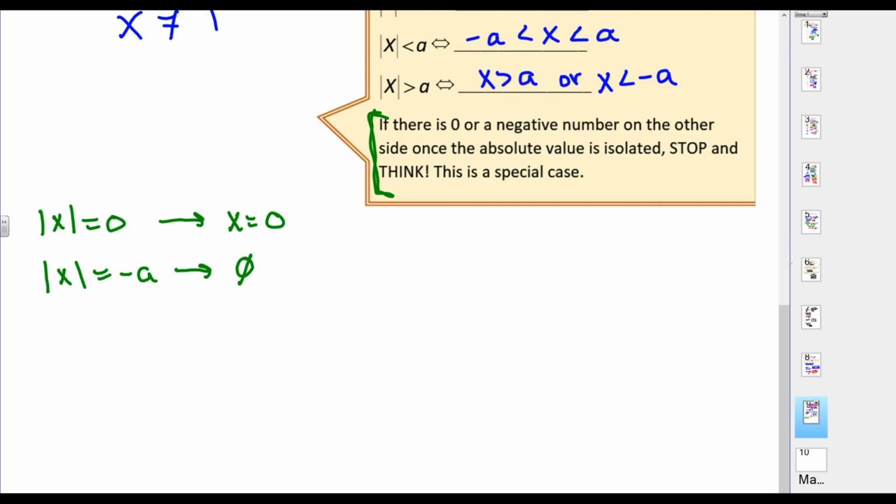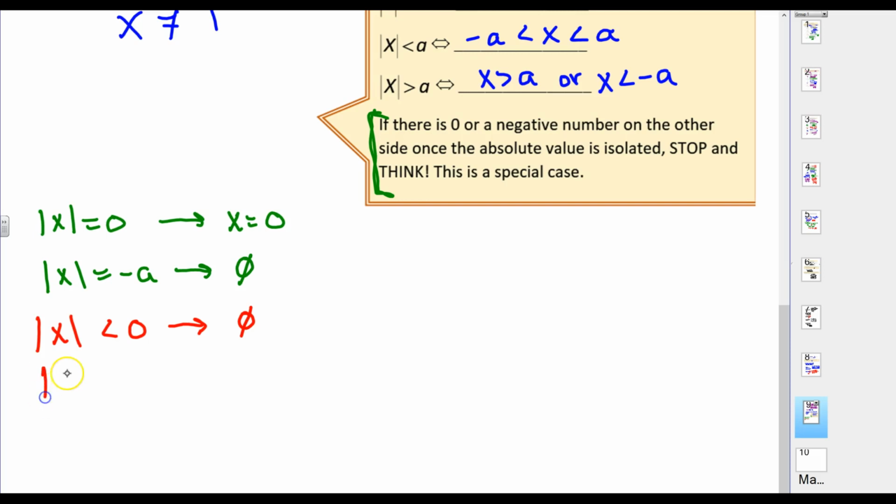Now let's look at less than. If I've got the absolute value of x is less than 0, this is going to be a big old fat no solution because the absolute value can never be negative.